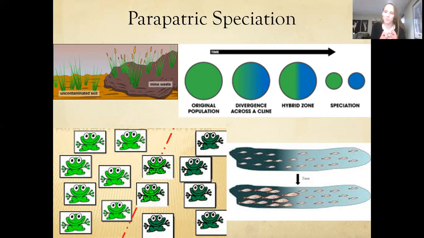And so that hybrid is selected against in that hybrid zone until you just have the ones that are really well adapted for the cold, the thick, fluffy guys, and the ones really well adapted for the warmth, the thin, less fluffy ones. Okay, so that's the parapatric speciation.